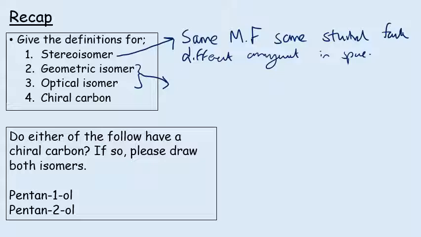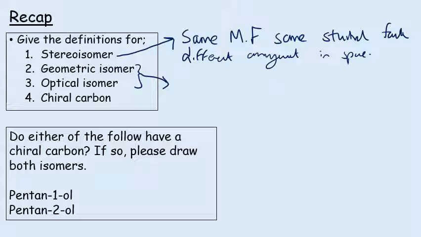The geometric isomer was a different arrangement in space due to the non-free rotation around a carbon-carbon double bond, which gave rise to the E and the Z isomers. And we actually had to assign priority rules and determine E/Z on those alkenes.